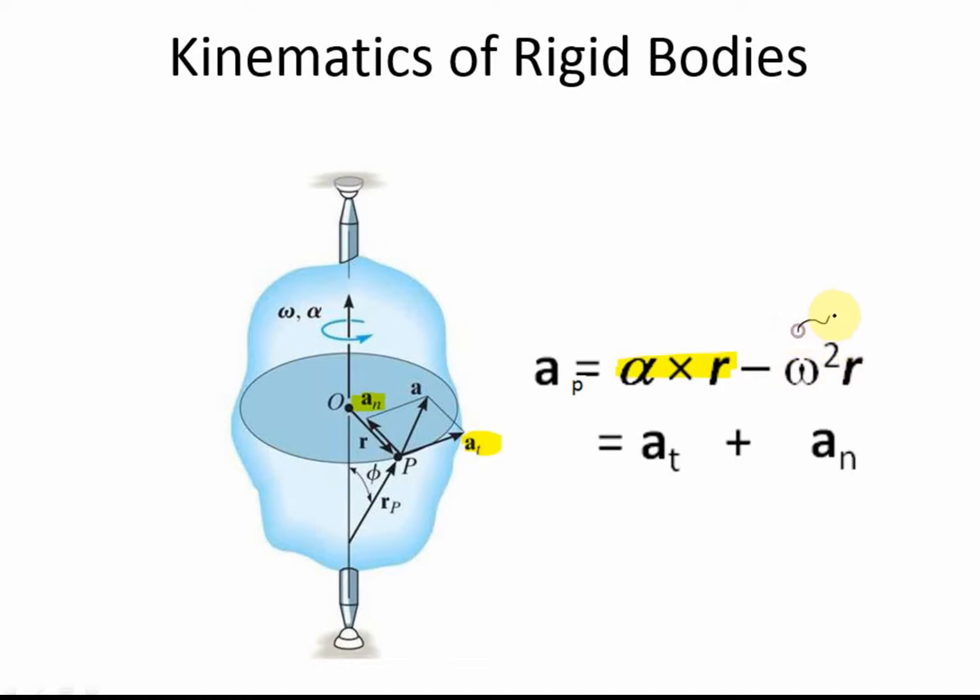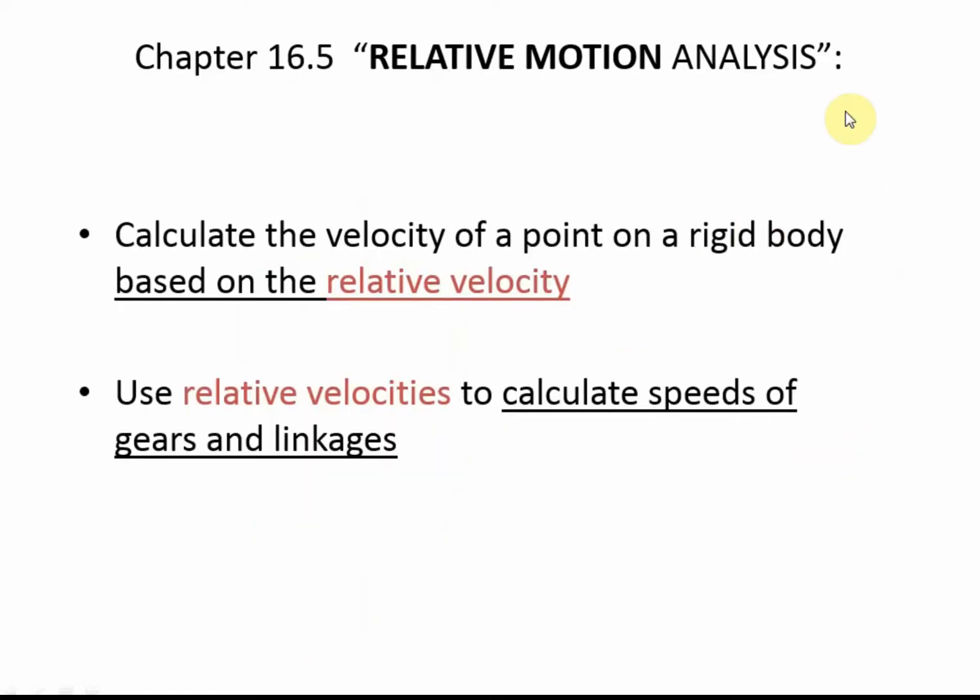And this omega square r vector can be written as omega square and r. Then let's say if this is the unit vector of the normal direction, then you can say omega square r un. But since your r vector can be written like r and un, that's why we simply write omega square r.